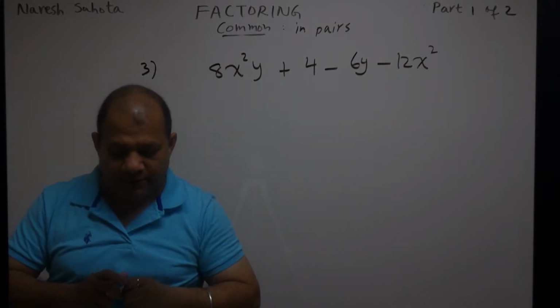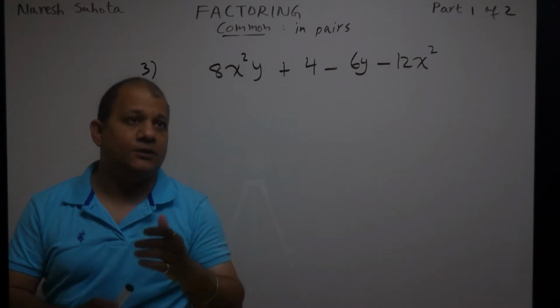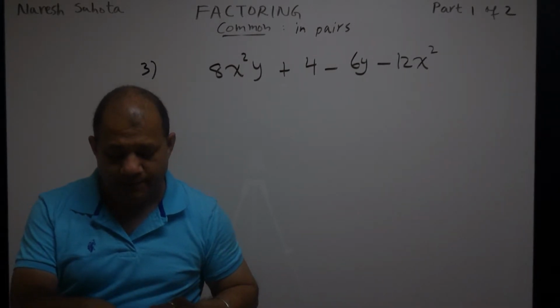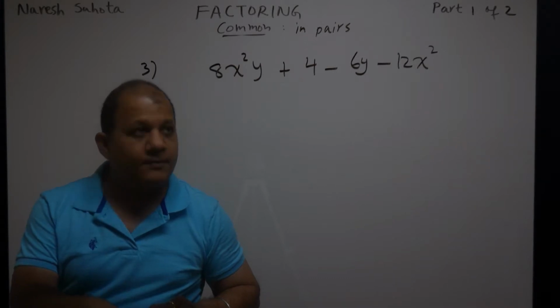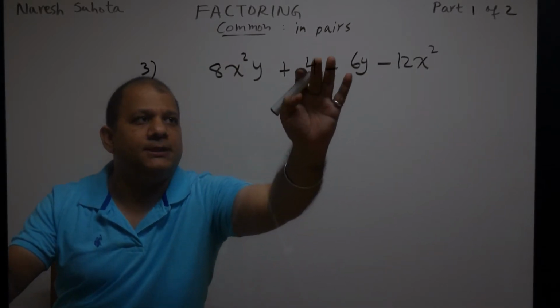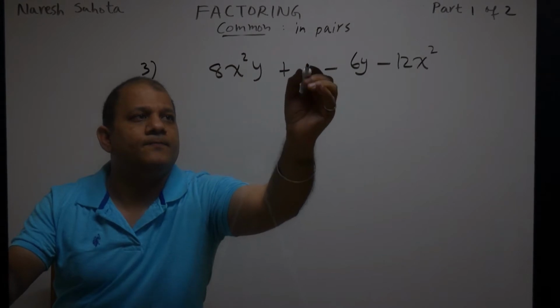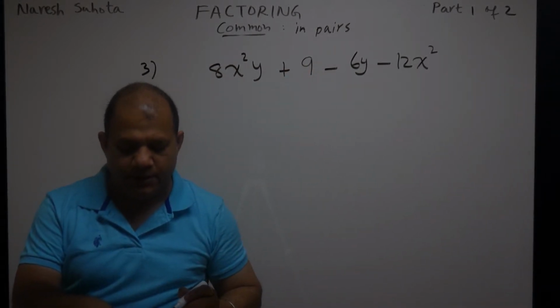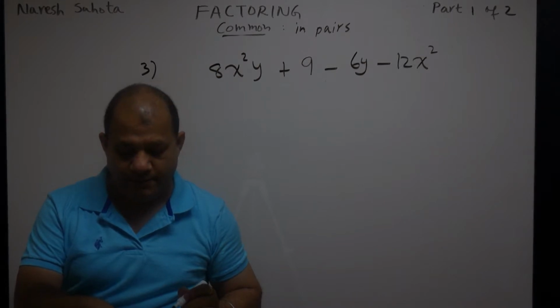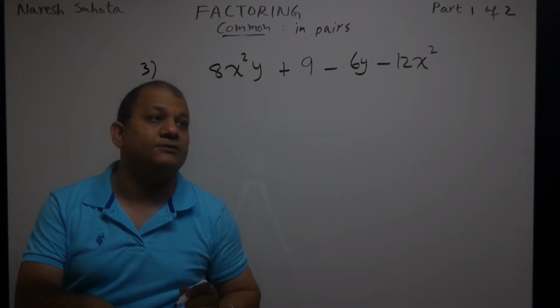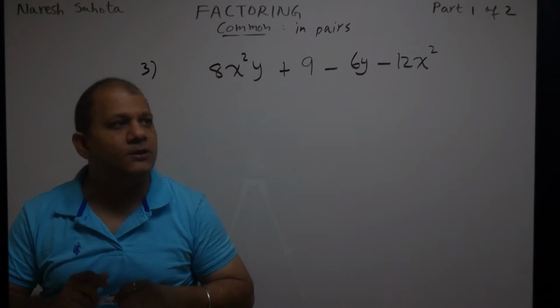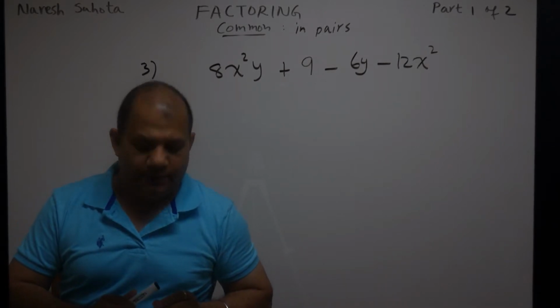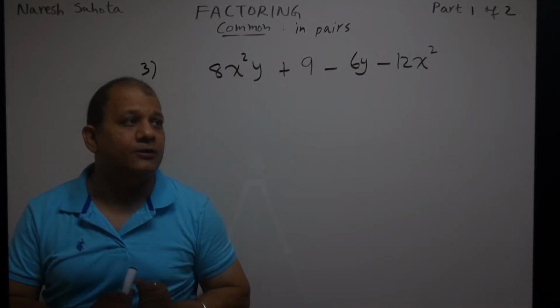So that is what we're given. Actually this is a plus 9. Okay, so 8x squared plus 9 minus 6y minus 12x squared. Okay, so alright, so that's the question.